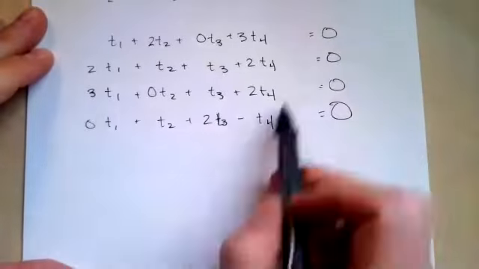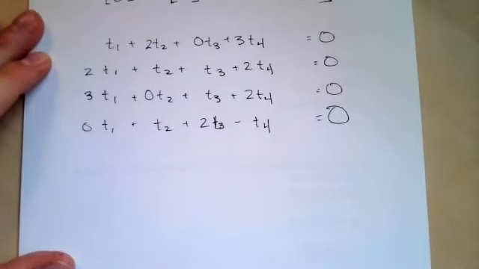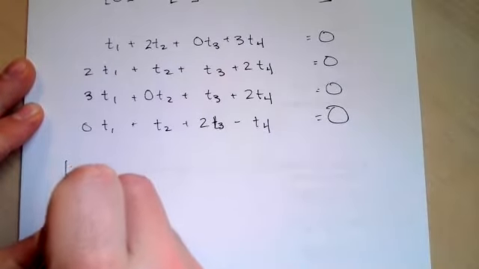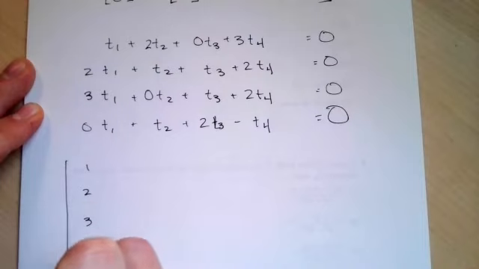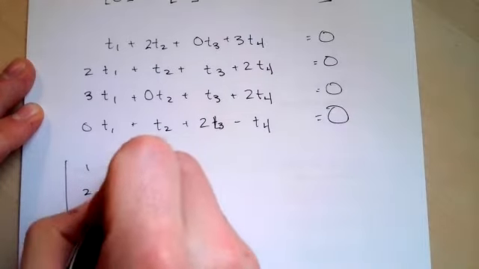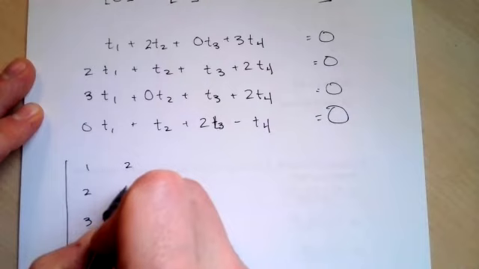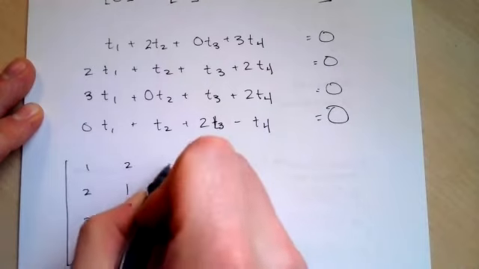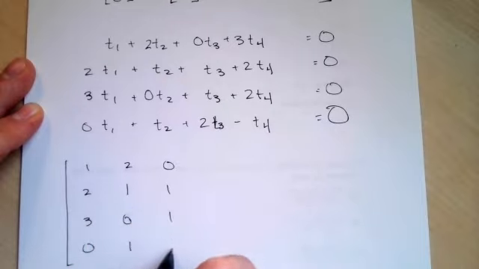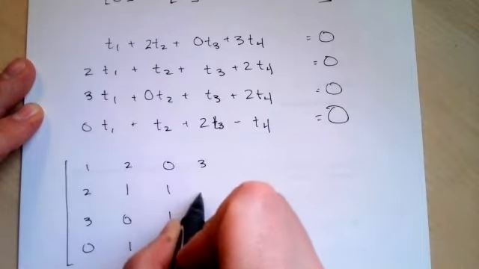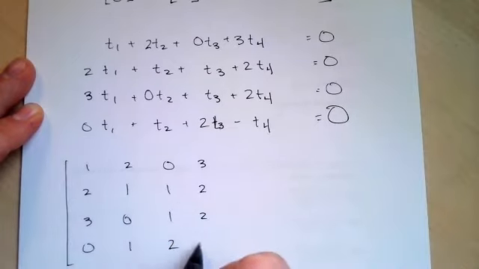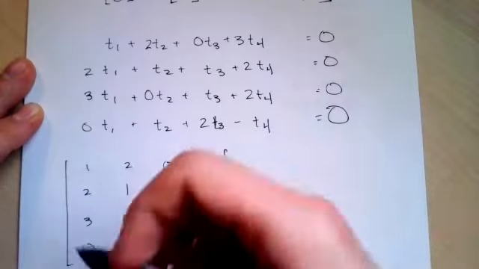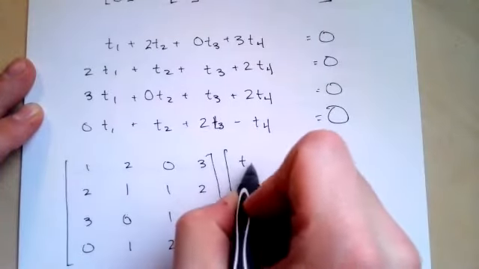We can rewrite the system of equations as a matrix 1, 2, 0, 3, 2, 1, 1, 2, 3, 0, 1, 2, and 0, 1, 2, minus 1, times a vector of scalars.